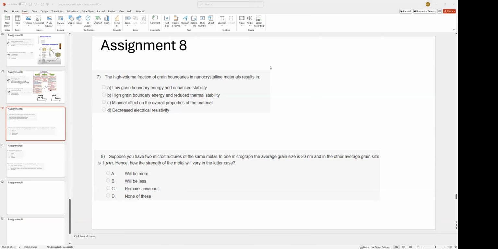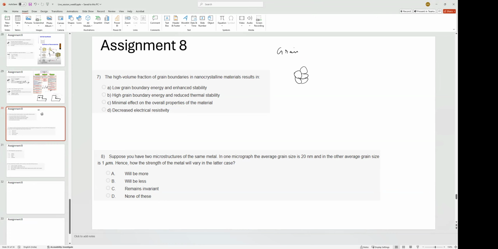If you have a large fraction of grain boundaries, you'll have a lot of energy trapped in these grain boundaries. As you know, grain boundaries are high energy sites.